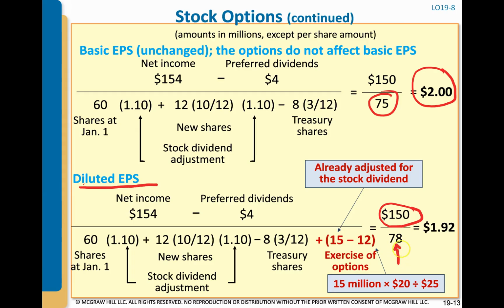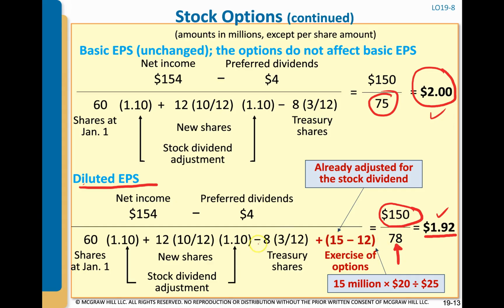And now our denominator is that 78,000 or million shares outstanding. And so our diluted earnings per share is $1.92. And in this situation, we would report the basic and diluted earnings per share on our financials because the diluted earnings per share is less than the basic.